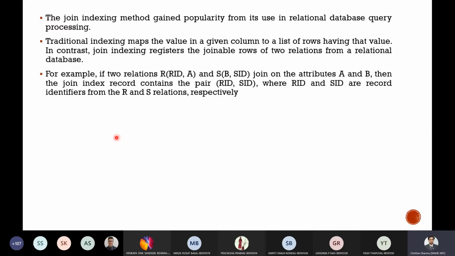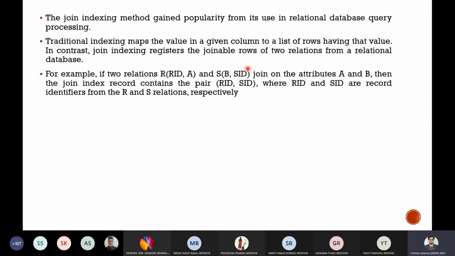So one example they have given: if there are two relations R and S, and a join operation is performed on attributes A and B, then the join index record will contain this pair (RID, SID), where RID and SID are record identifiers for the two relations respectively.